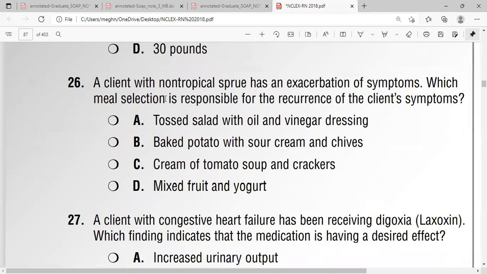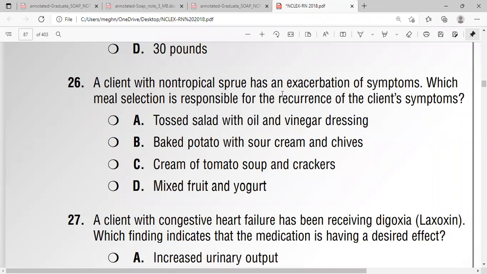Next question. A client with non-tropical sprue has an exacerbation of symptoms. Which meal selection is responsible for the recurrence of the client's symptoms?